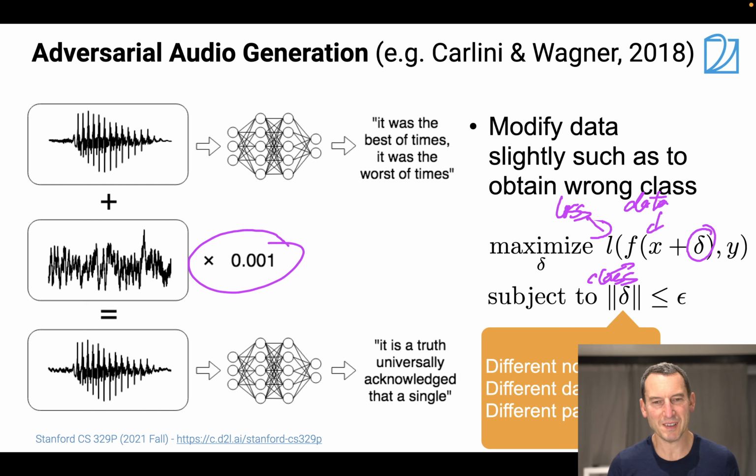So in this case, for instance, less than 0.1% of the original signal, such that the perturbed data is recognized as something entirely different. For instance, something that is just very discrepant from the original input, or is very similar to another specific targeted input.